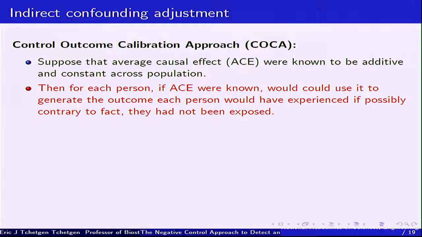For each person, if hypothetically you knew what the causal effect were, then you could use it to generate the outcome that person would have had in the absence of the exposure, the so-called counterfactual outcome. For those people who were exposed, you would take off the magnitude of the effect that you hypothesized, and for people who were unexposed, that would be the outcome that you observed. Okay?